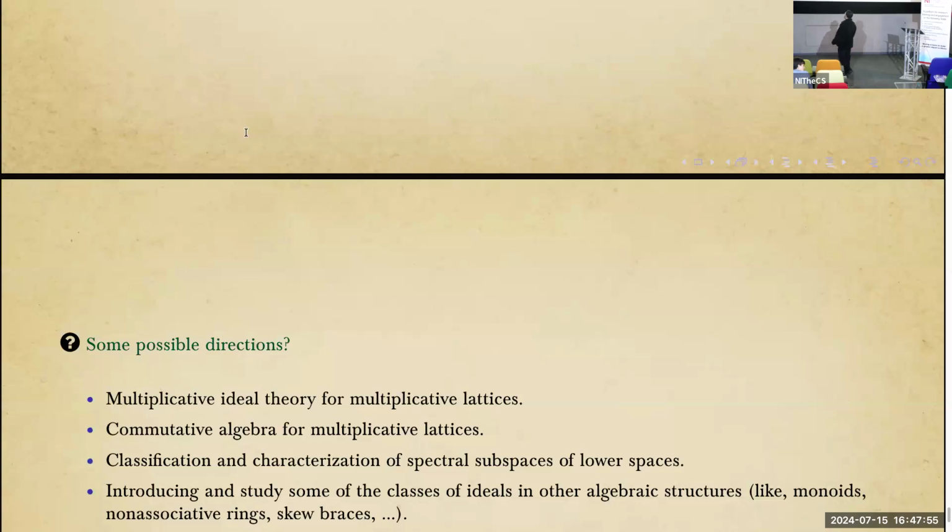Then the question is to study some classes of ideals and other algebraic structures which have not been there, and see their significance, not necessarily restricted to rings, but even to non-associative structures, even skew braces, or we can go to very primitive ones like monoids and semirings.